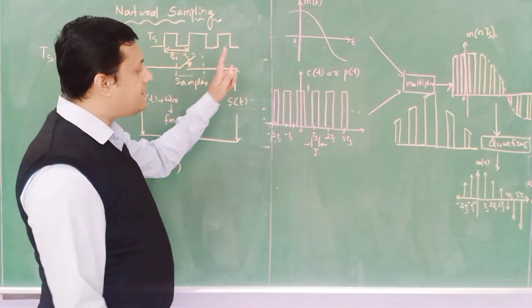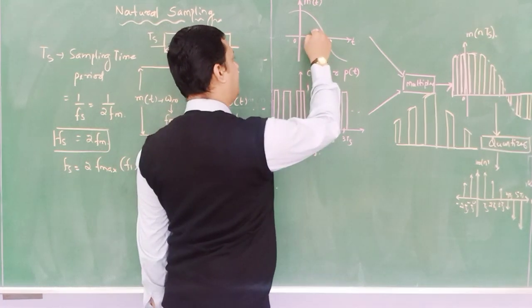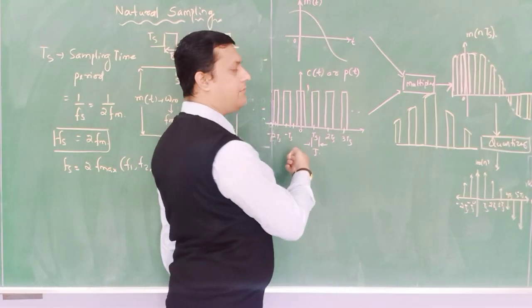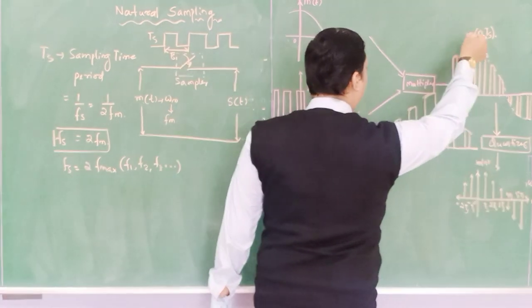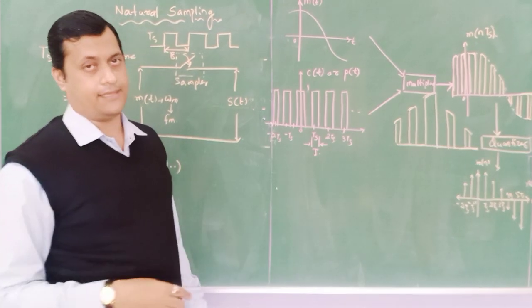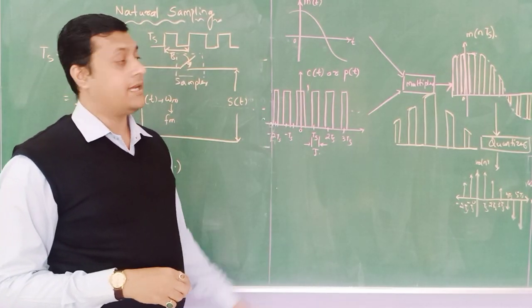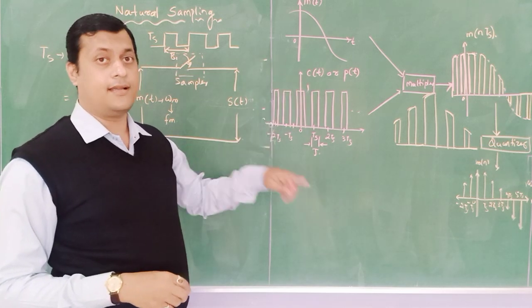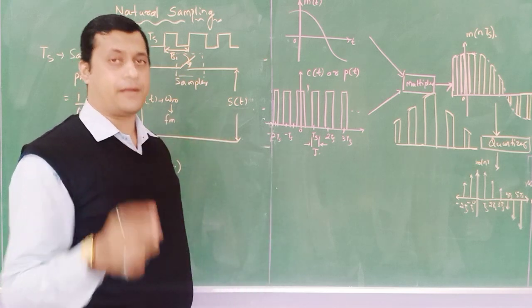Now we will analyze step by step the mathematical analysis of how this modulating signal is convolved with the pulse chain, and how we get the sampled signal in the time domain as well as in the frequency domain. Now the samples are like this. If it is an impulse train, we get uniform amplitude for each spectrum.